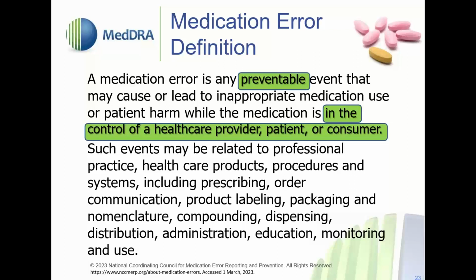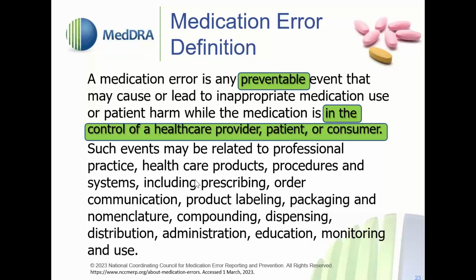The second aspect that is highlighted in green is important to remember. These errors occur during product use in the medication process, so when the product is under the control of the healthcare provider, patient, or consumer. The term does not refer to errors that occur during manufacturing or are caused by wholesalers, in other words, outside the control of the HCP, or the patient or consumer.